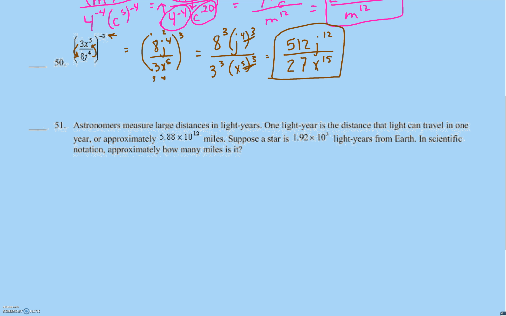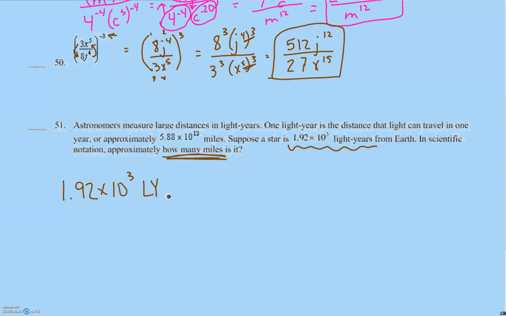Okay, so we're going to start off with light years here, because that's what we know about the star. We know the star is 1.92 times 10 to the 3rd light years. We're looking for how many miles. So I'm going to take 1.92 times 10 to the 3rd light years. I don't know how you abbreviate light years, so I'm going to go like that.